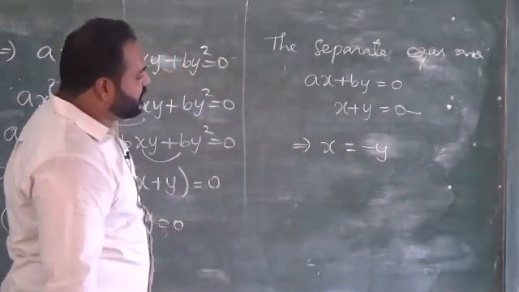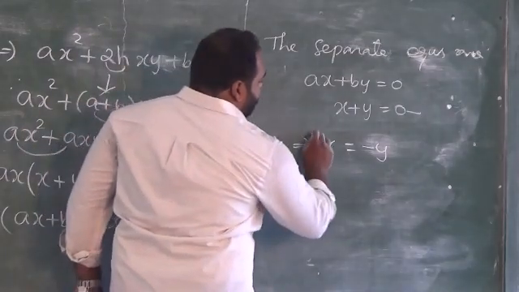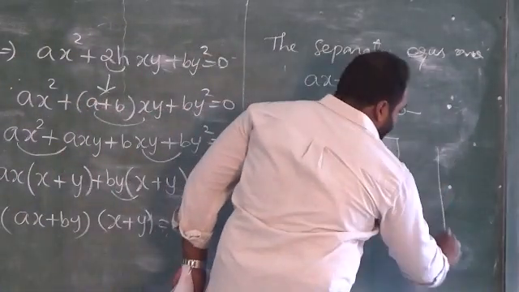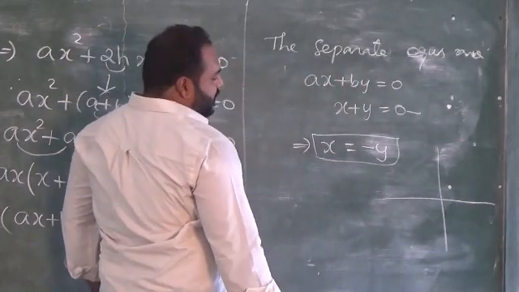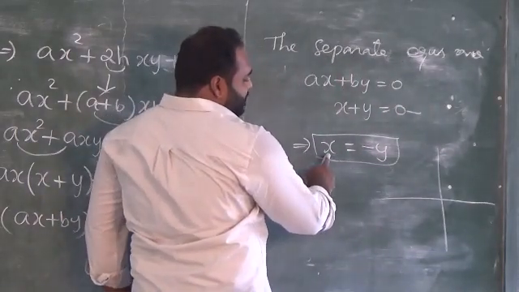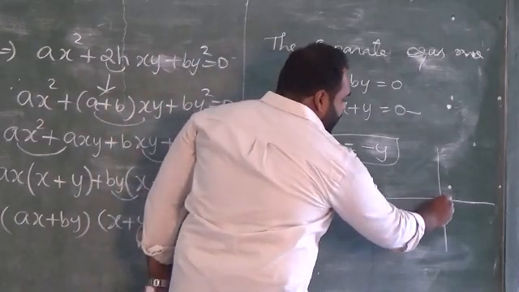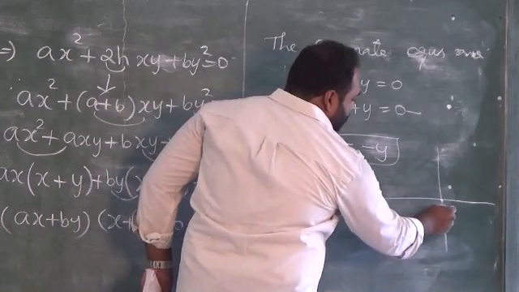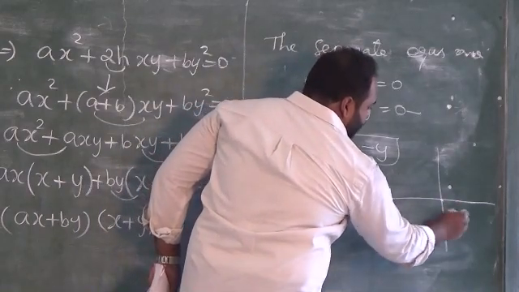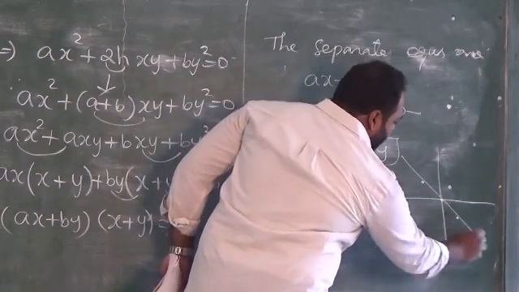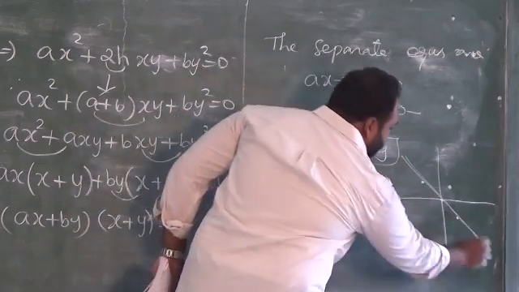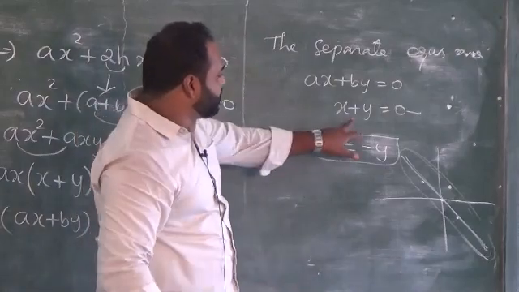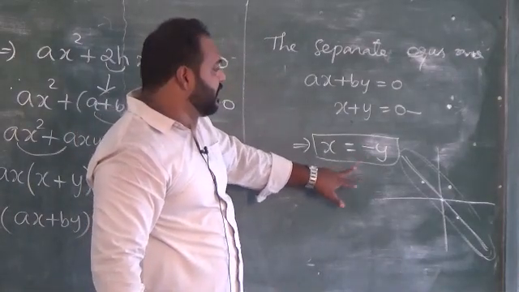If you draw the diagram for this equation, for example, x axis, y axis. If you give x 0, y also 0, x plus 1, y minus 1, x plus 2, y minus 2. The line will be passing through the origin. So this line is made by this equation. So this is the required equation.